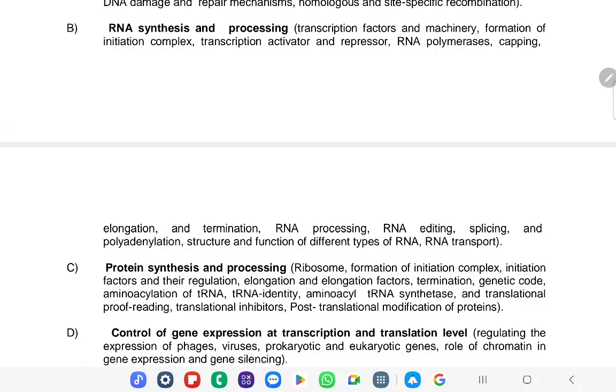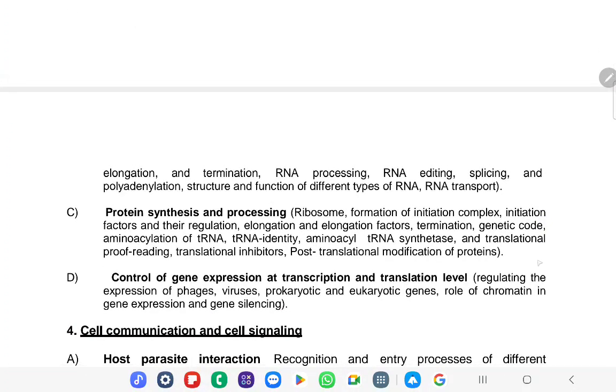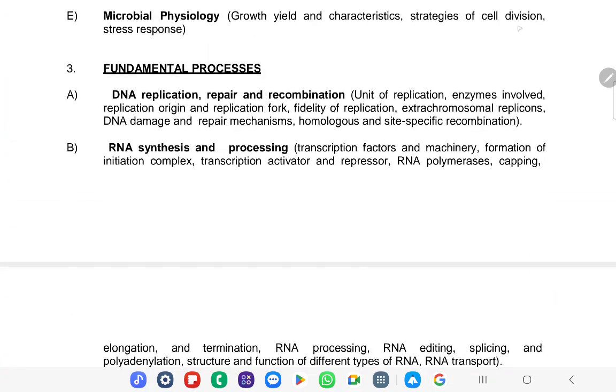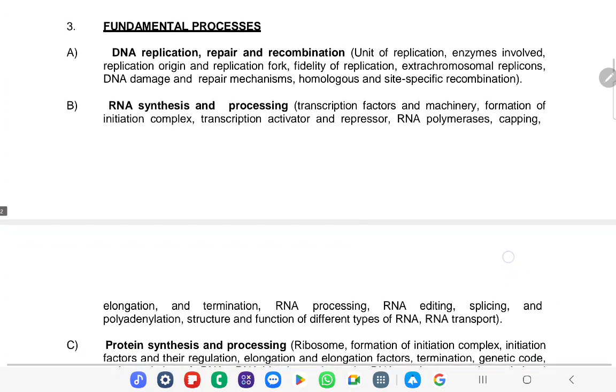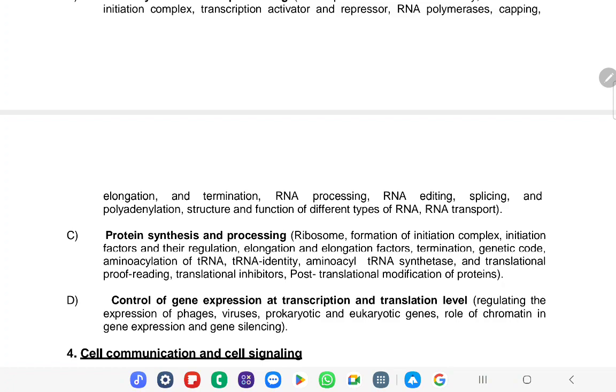RNA processing covers RNA editing, splicing, polyadenylation, structure and functions of different types of RNAs, and RNA transport. Then protein synthesis and processing, and control of gene expression at transcription and translation levels. So this unit consists of 4 subtopics: DNA replication, RNA synthesis, protein synthesis, and gene expression.